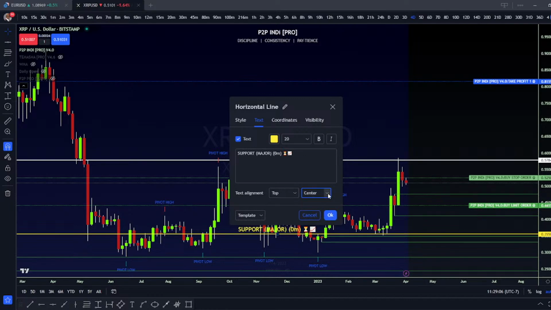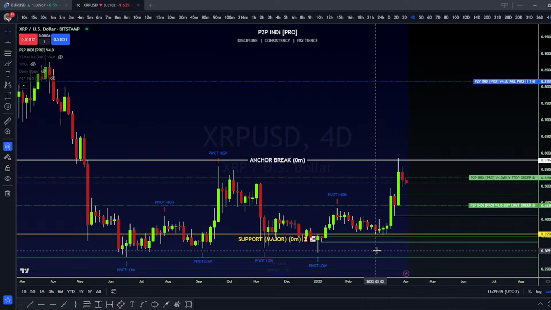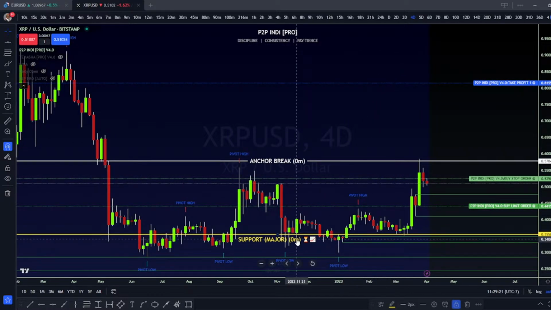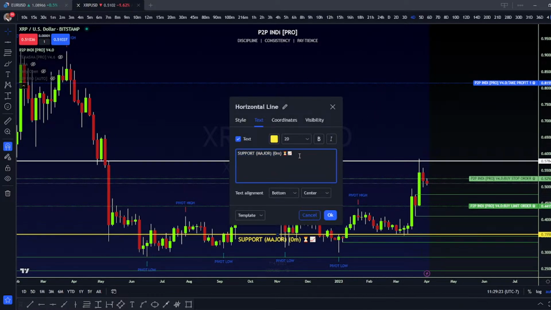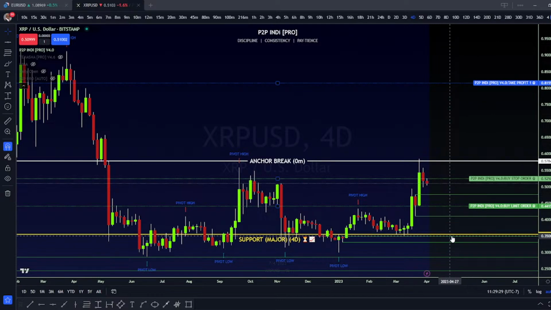So the support I saw on the 4-day. And so what we'll do is we'll get in down here, 35.50. That's what we'll call this here.